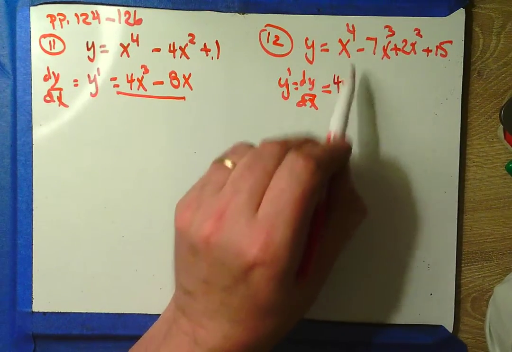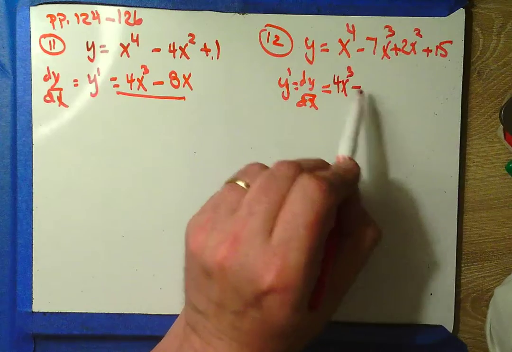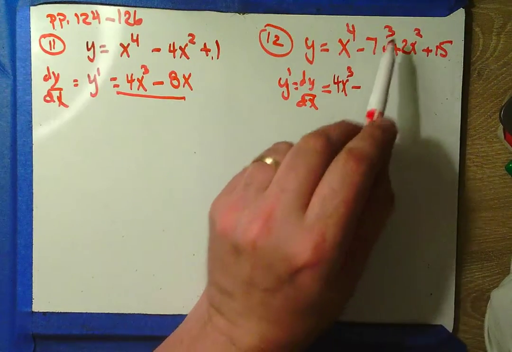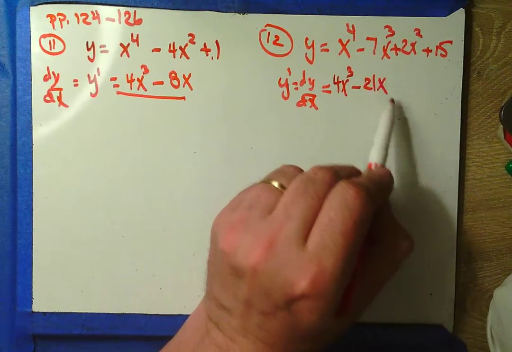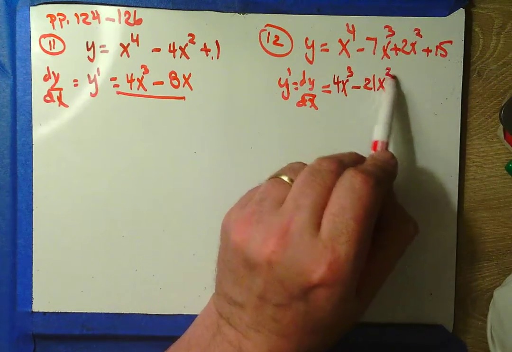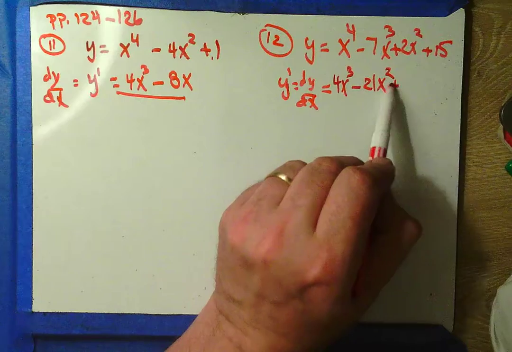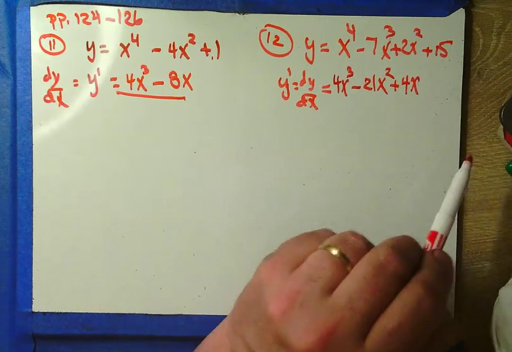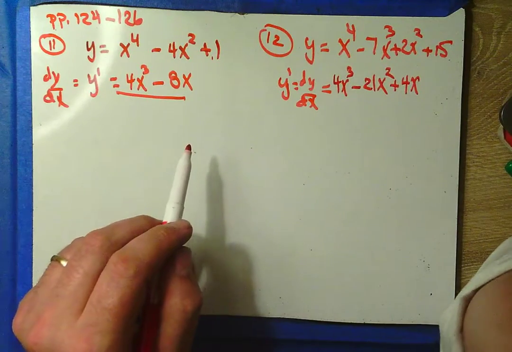We bring down the 4, we subtract 1. We bring down the 3 from negative 7x to the third, and we'll have negative 21x, subtract 1 to the second, plus we'll bring down that 2 and have 4x, and the derivative of a constant is 0.